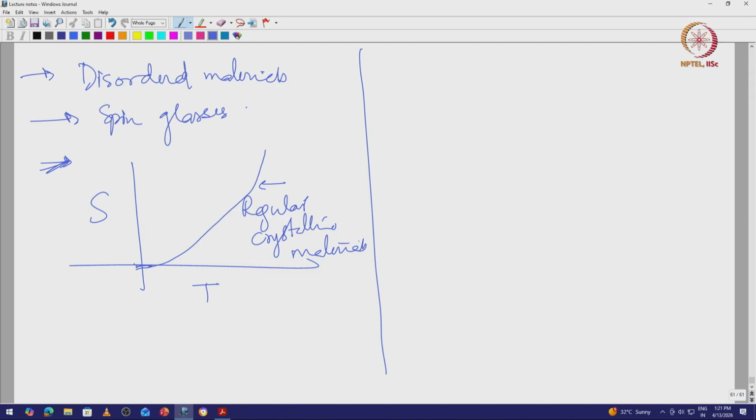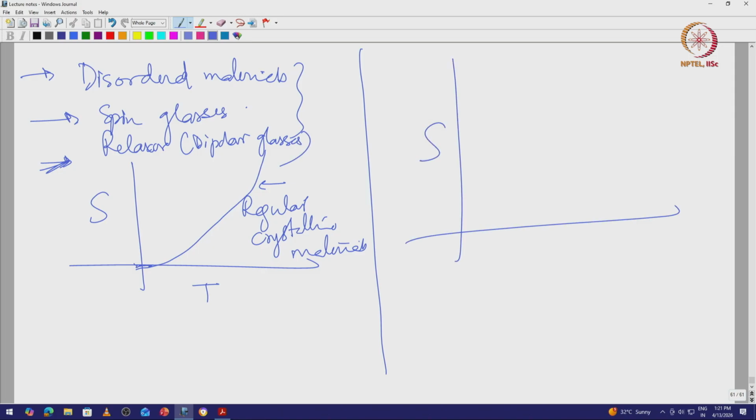But for all these disordered materials, spin glasses, relaxors, which are what are called dipolar glasses, there are a bunch of materials, amorphous materials, S actually does not go to 0 really, but people say that it saturates to some kind of value, and this is called residual entropy.